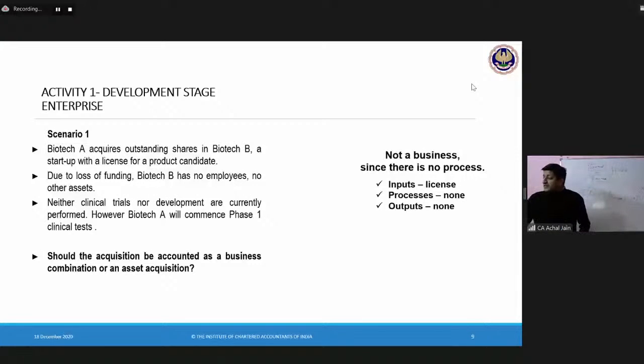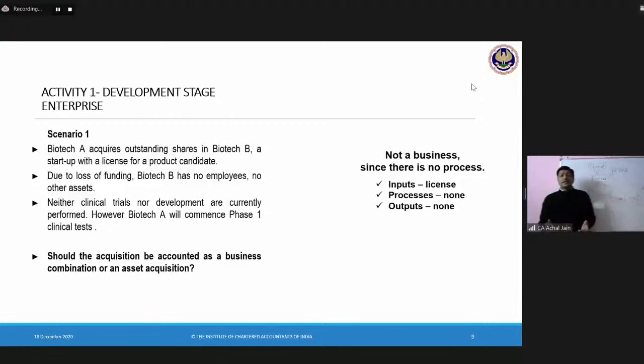Preeti is saying, sir, employees are not there to carry out process, so no output as well, so not a business. So that's true. But in this case, there was some input. License was there, intangible asset is there. So we cannot say there's no input at all. Input is there, but yes, process is missing.